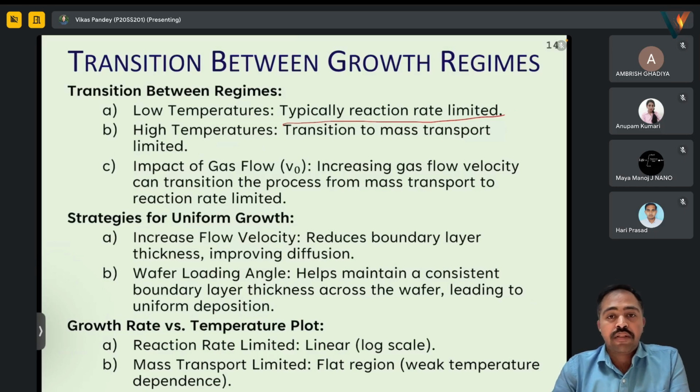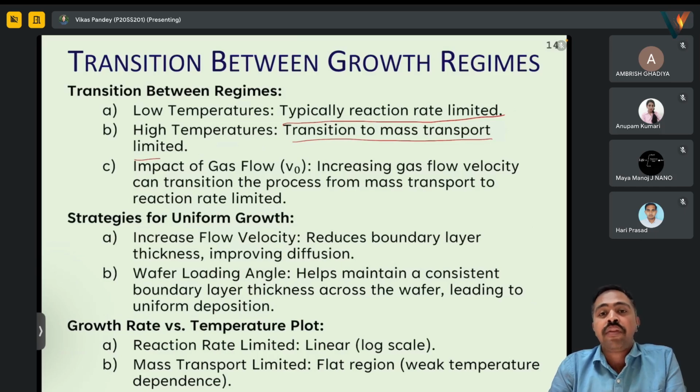At high temperature, it transitions to mass transport limited, and the impact of the gas flow is there. Increasing the gas flow velocity can transition it from mass transport to reaction rate limited.